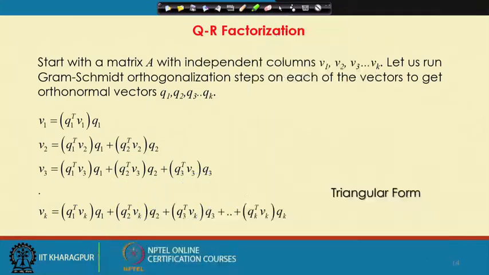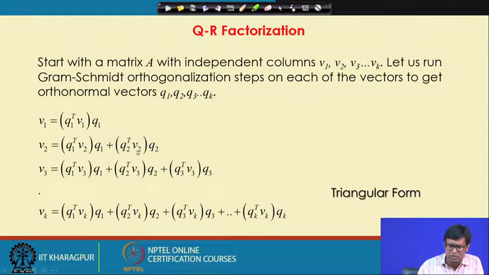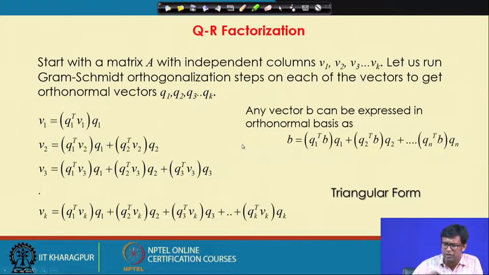So, for V1 there is only one basis vector which expresses V1. For V2, there are two basis vectors q1 and q2 which give you V2. Any vector b on an orthonormal basis q1 to qn can be expressed as q1 transpose b times q1, which is the projection of b along q1 in that direction, plus the projection of b along q2 in that direction, and similarly the projection of b along qn in that direction.